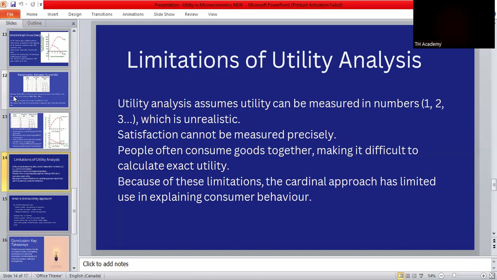People often consume goods together, like having tea with biscuits, which makes it hard to calculate exactly how much utility each item gives. Because of these reasons, the cardinal utility approach has limited use in explaining how consumers actually behave. So in short, while it's helpful for understanding the idea of satisfaction, it can't perfectly measure happiness in real life.